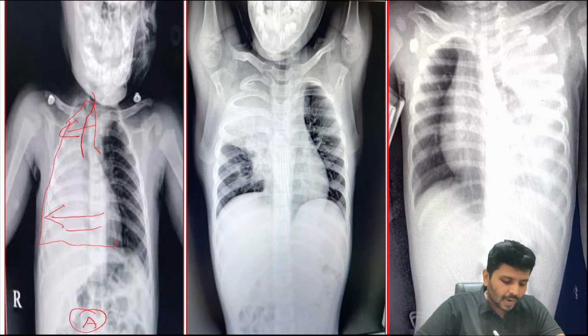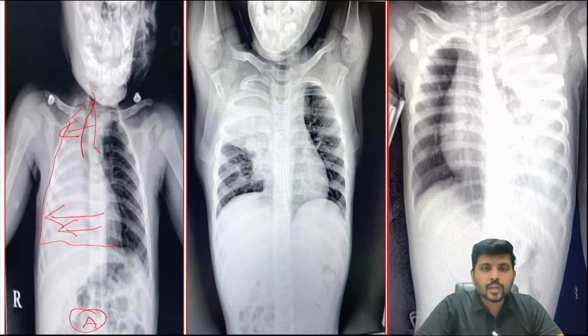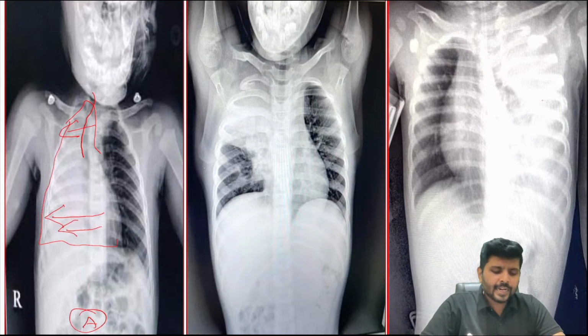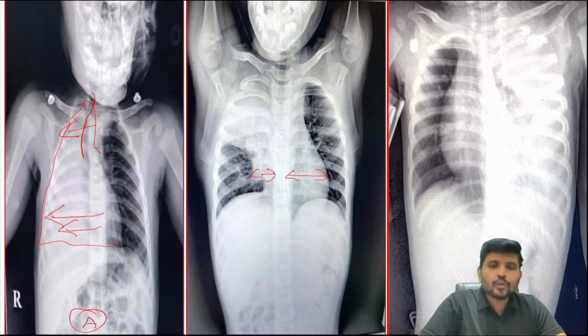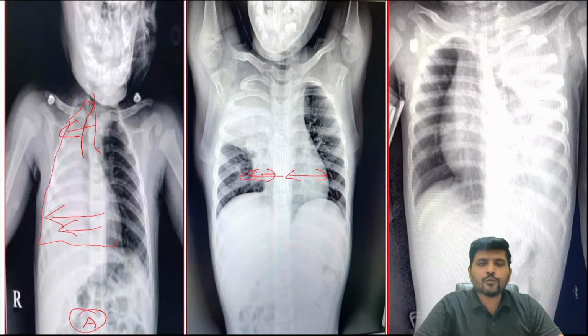When the mediastinum and heart are pulled to the side of opacity, it is called collapse involving the lower lobe, right? Remember, in a normal X-ray, one third of the heart is on the right side and two thirds of the heart is on the left side.